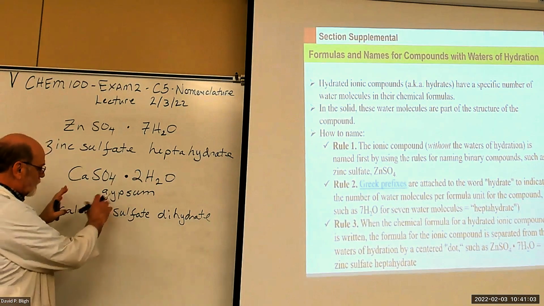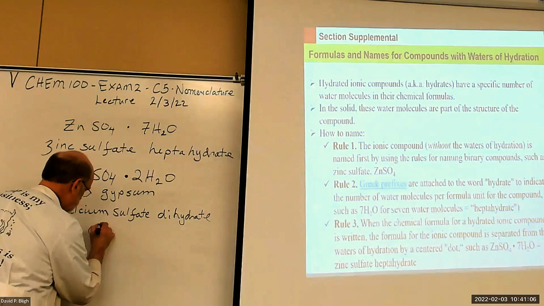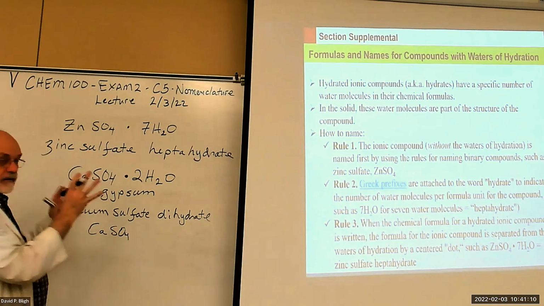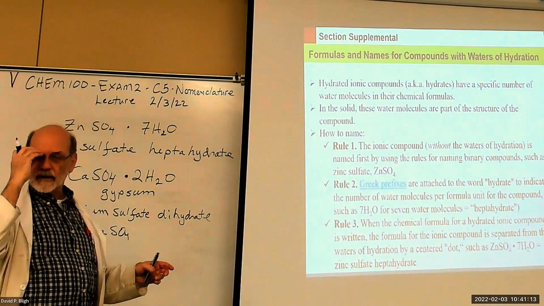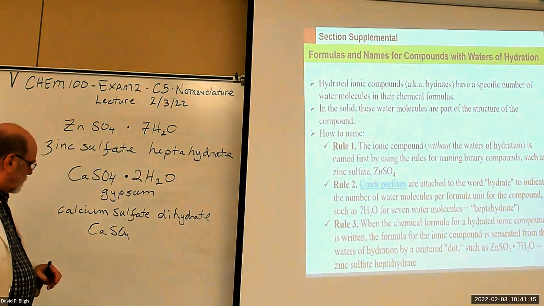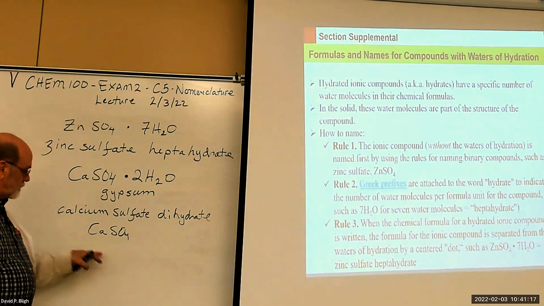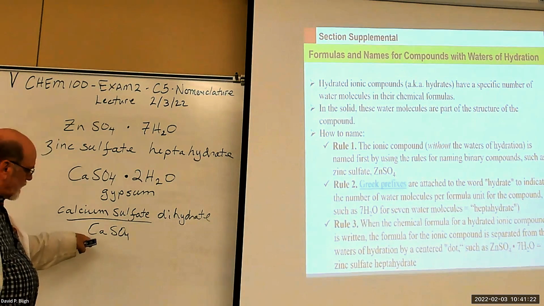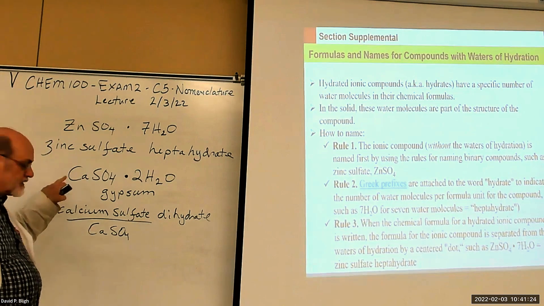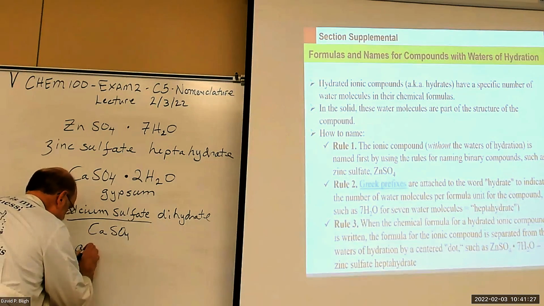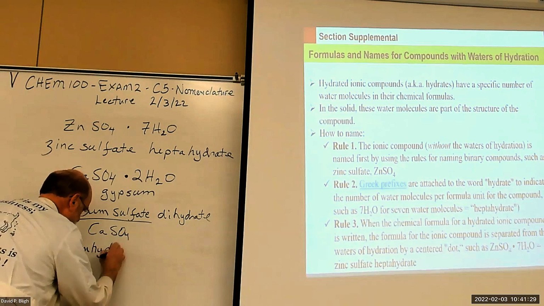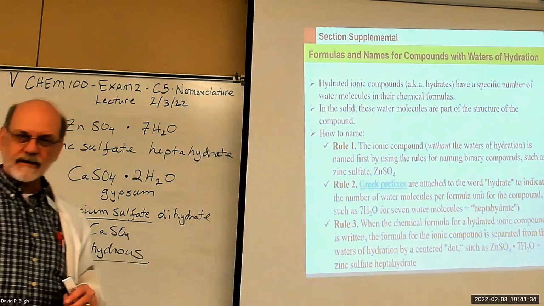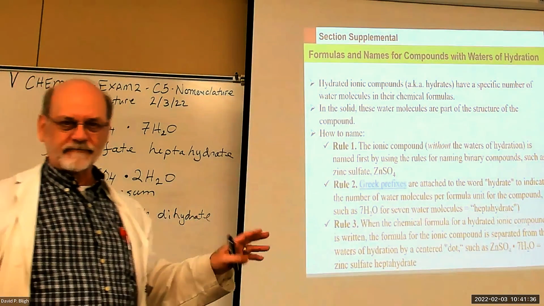Right? So that would give you calcium sulfate, no waters. And that's the proper name, calcium sulfate, just this part of the name. But what we say about this in relation to that is, this is anhydrous, means it has no water in it.